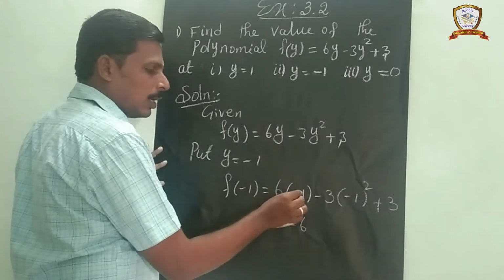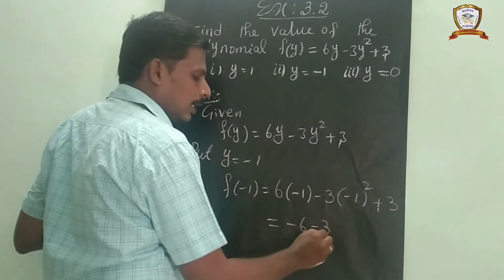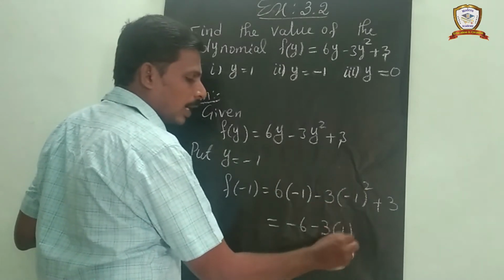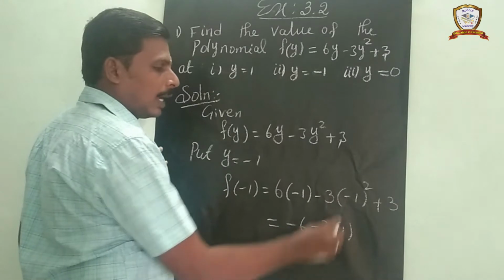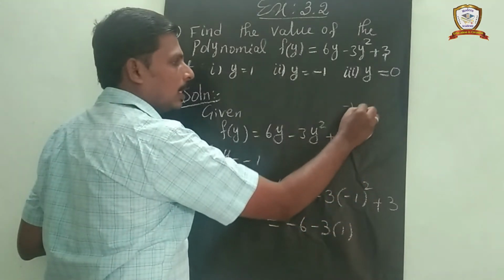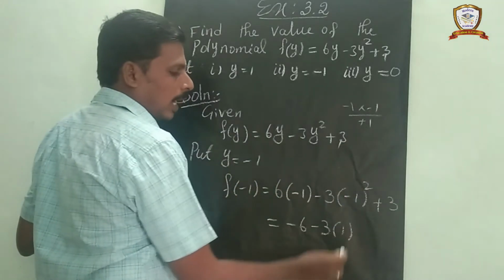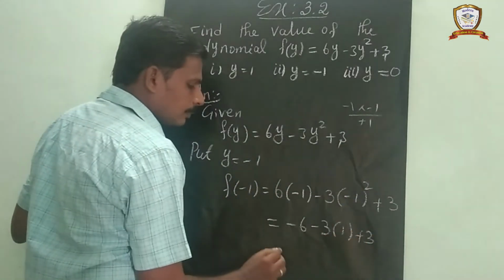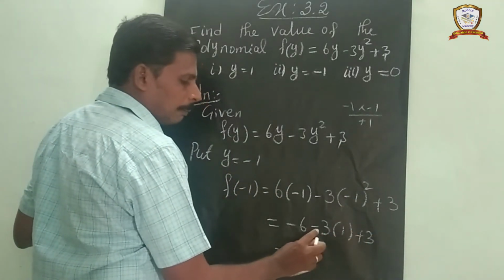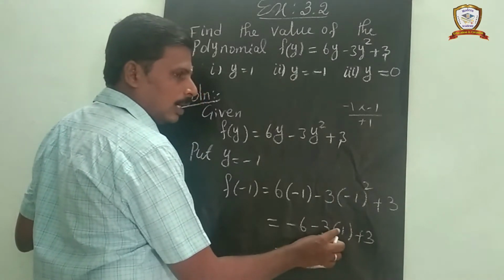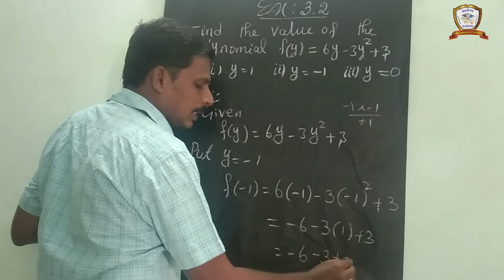6 into minus 1 is minus 6, minus 3 into minus 1 the whole squared. Minus 1 the whole squared is plus 1: minus into minus, minus 1 into minus 1, minus of minus is plus 1. So minus 6, minus 3 into 1, minus 3, plus 3.